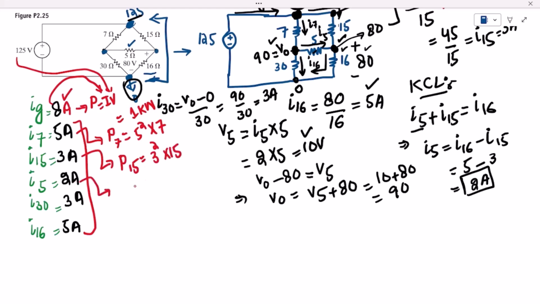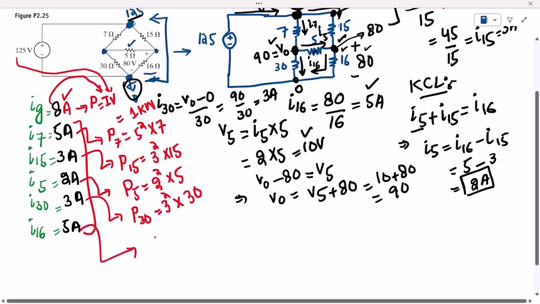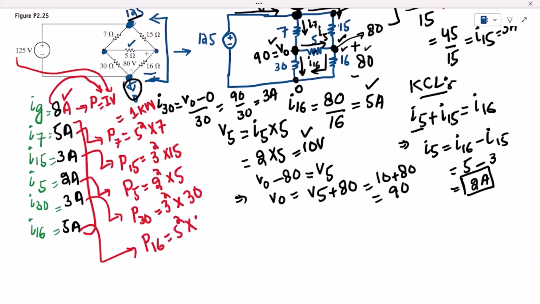For P5, it will be I squared into R, which is 5. For P30, it is 3 squared into 30, and for this one let me have P16. It will be 5 squared into 16.